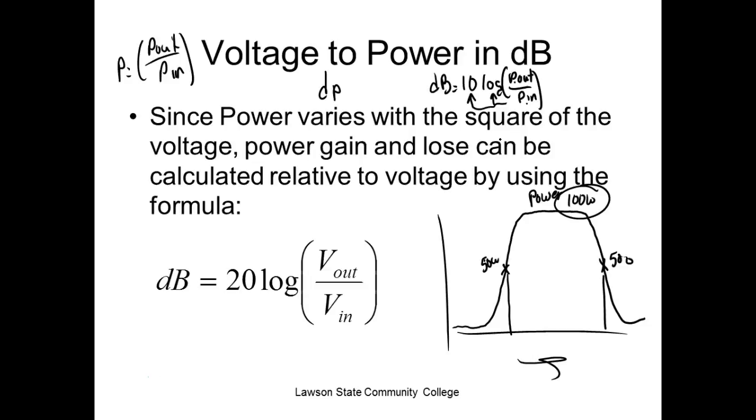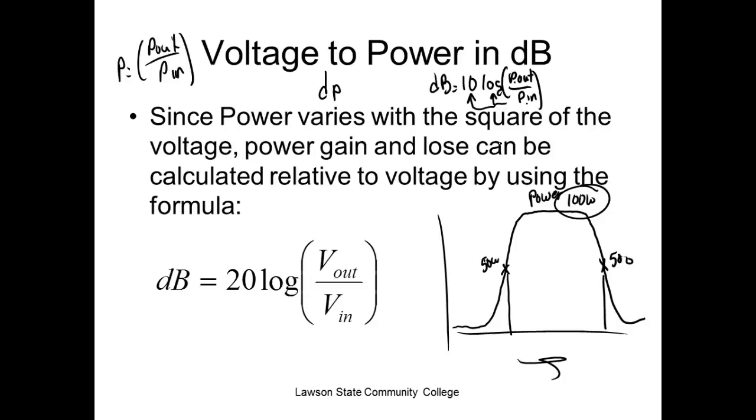Okay, but that's power. We want to get this relative to voltage. Yeah, so if my output power was 100 and my input power was 10, my power gain would be 100 divided by 10, then I would take the log of that, and then multiply that by 10, and that would be my dB.